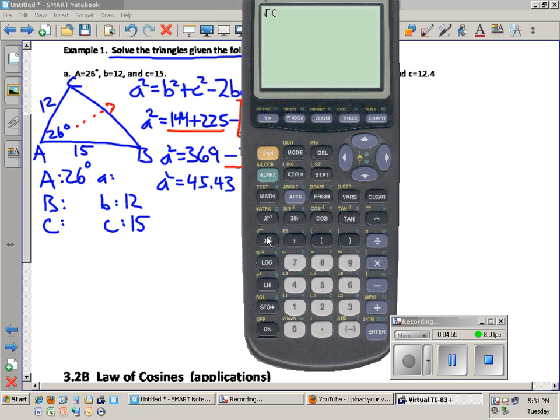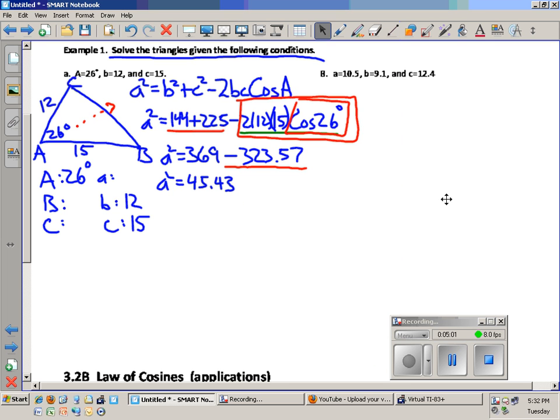All right, square root of 45.43, and we get 6.74. So we have all of our sides, but we only have one angle. Well, if I know that side is 6.74, I can now use the law of sines because I have an angle and its opposite side.